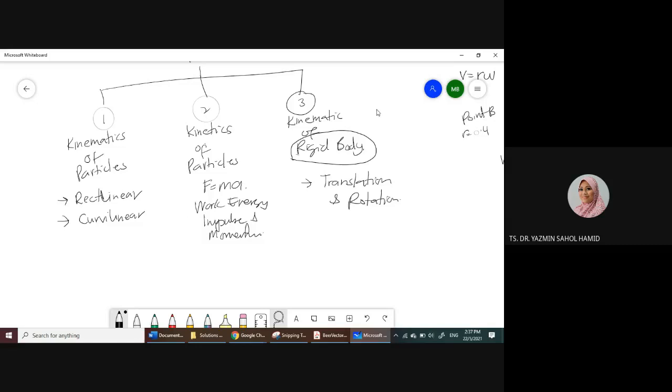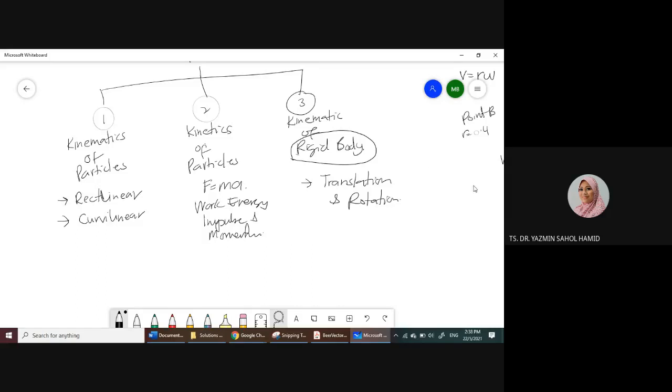Later on when you do kinetics of rigid body, we're going to do the same thing as chapter number 2, but of course the symbol will be different. And of course in the topic of kinetics of rigid body there will be Newton's second law, work energy again and impulse again. But don't worry, that is later, topics 4, 5, 6.